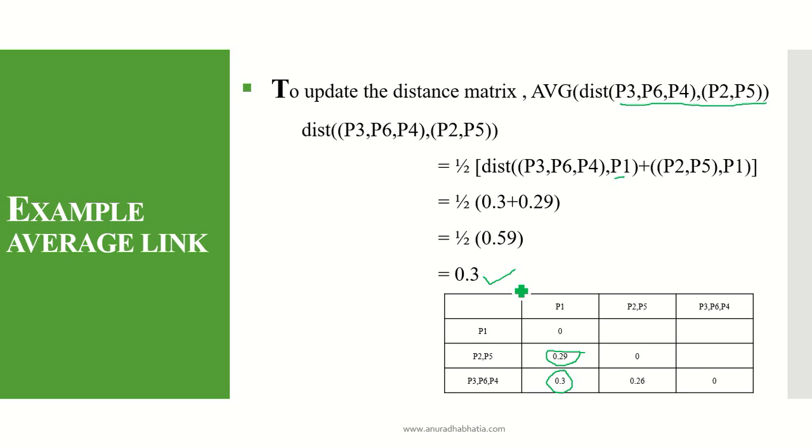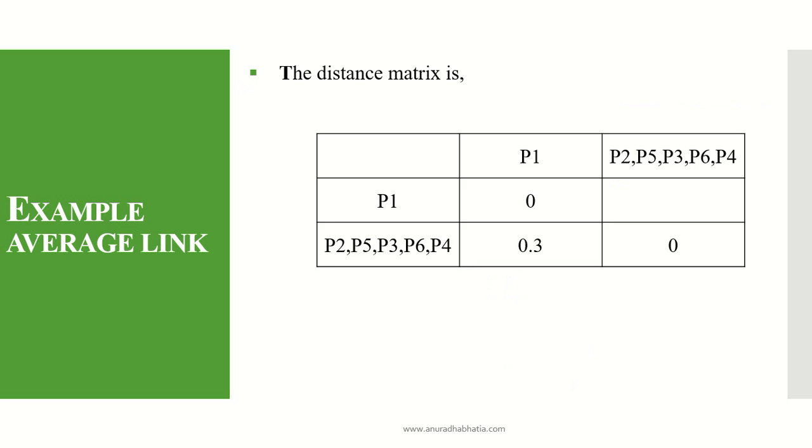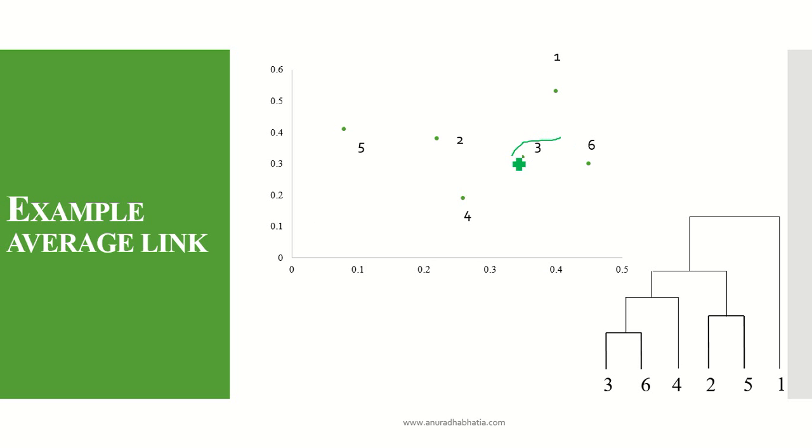So we have got the value 0.3. So the new updated distance matrix is 0.3 with P1, and this is my updated distance. With 0.3 I have only 1 point remaining, so we merge and form a cluster.